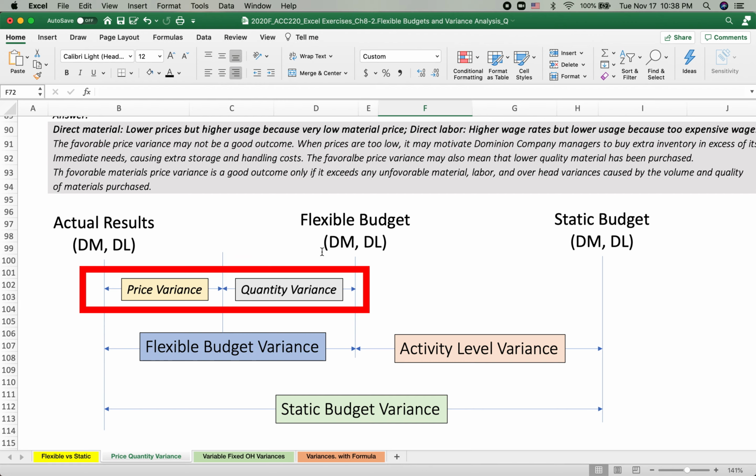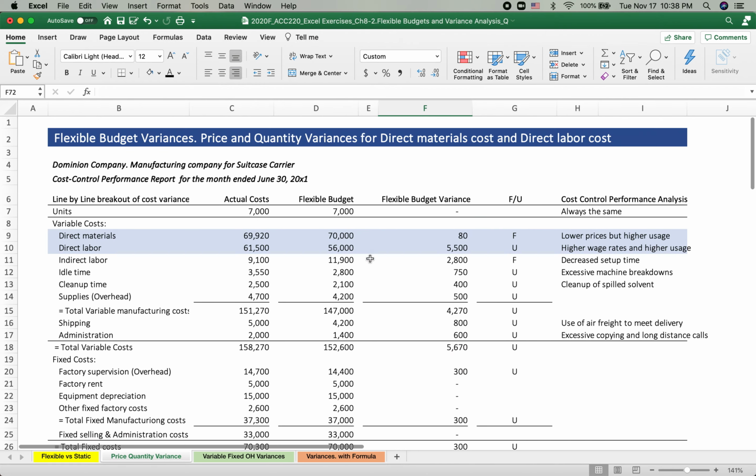But the result is a little bit obscure because, for example, for direct material in this case of the medium company, the cost control performance report shows the variable cost of direct materials $80 favorable, but we want to analyze what the components are. Is it coming mostly from the price variance or the quantity variance? How about the direct labor?